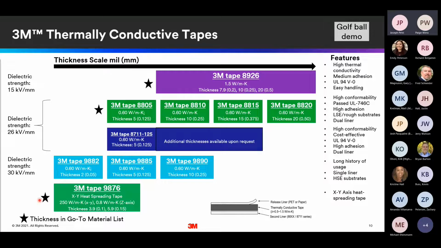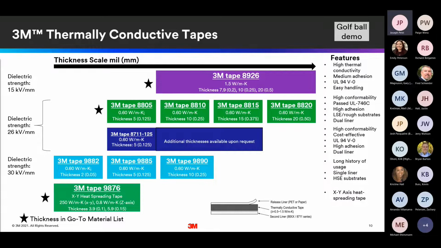So the top products then are double-sided tapes that are used for bonding and joining. And we have them in these different configurations, but the go-to materials are 8926 and the 8805, 8810 series. 8926 carries a UL94 V0 rating for flammability.